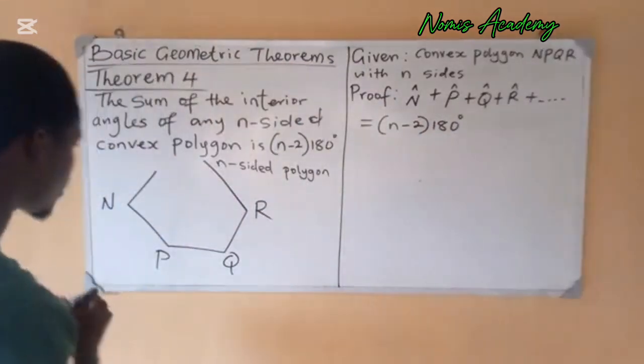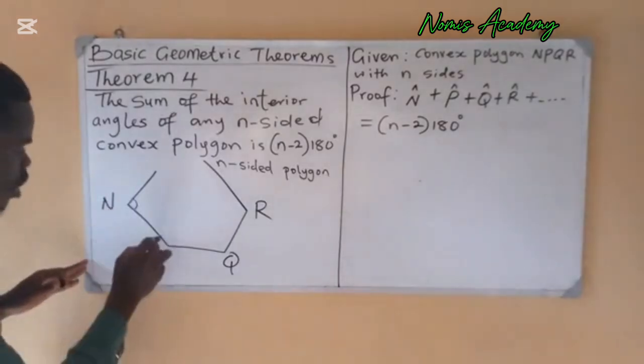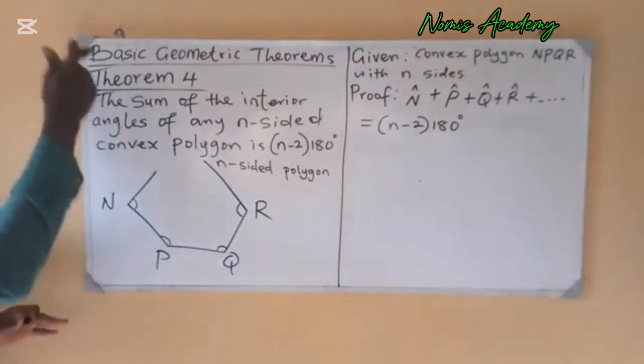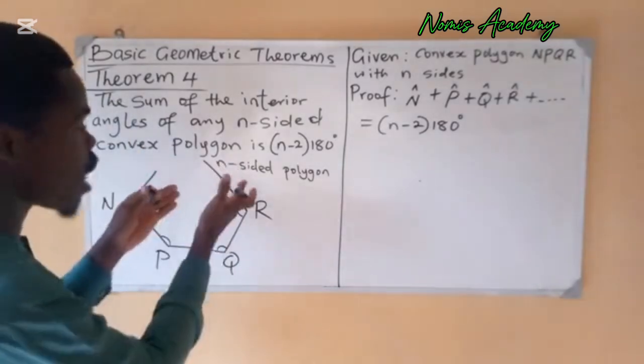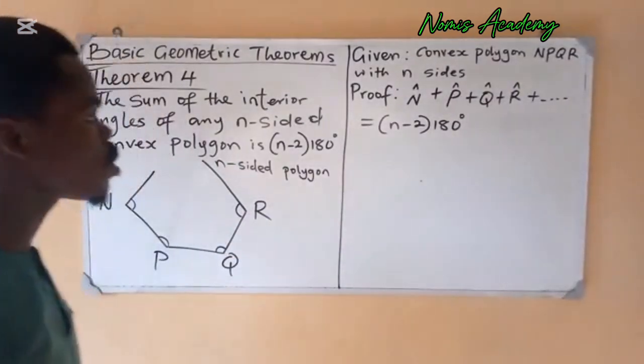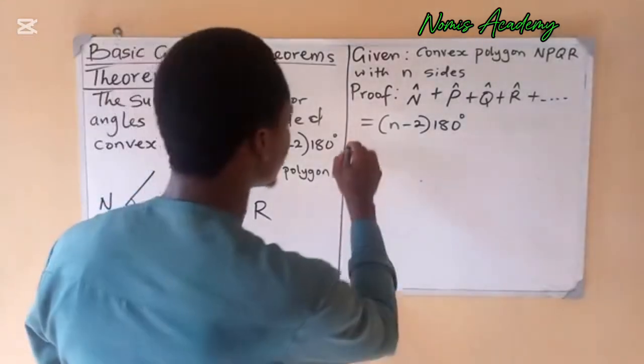So meaning that the interior angles, this angle plus this angle plus this angle plus this angle, and the other angles, since we cannot see them, we don't actually know the particular polygon we are working with. So let's continue with the proof.